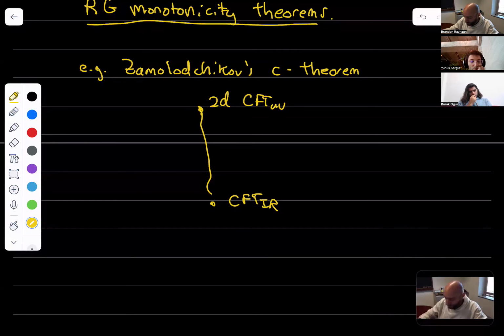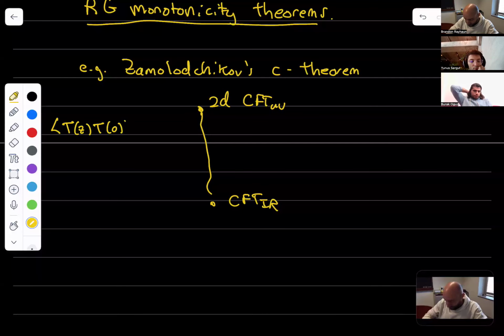It appears all over the place in 2D CFTs. It's one of the most important invariants that you can associate to a 2D CFT. Perhaps operationally, the most convenient definition is that it arises in the two-point function of the stress tensor. It's the leading term.